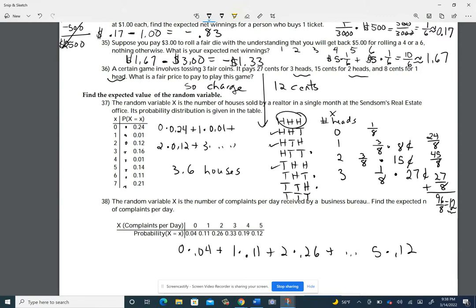You can type all that in on your calculator. You don't have to show me the individual things, just be careful typing it in. It's plus 3 times 0.33 plus 4 times 0.19 plus 5 times 0.12. And I get a total of 2.98. So I could expect 2.98 complaints per day, so about 3 complaints on a given day.